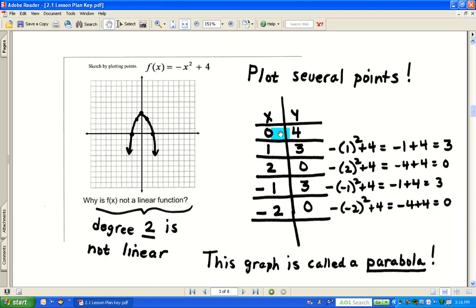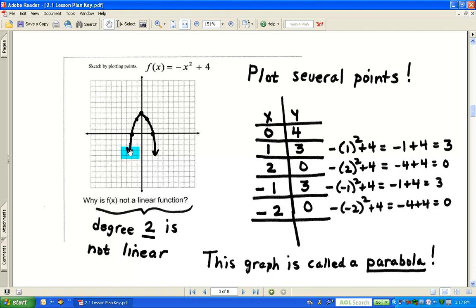So I have some ordered pairs to graph. Okay, here's the ordered pair 0, 4. Here is the ordered pair 1, 3. Here is the ordered pair 2, 0. Here is the ordered pair -1, 3. Here is the ordered pair -2, 0. And now it's kind of like those little things you did when you were a kid. You connect the dots.